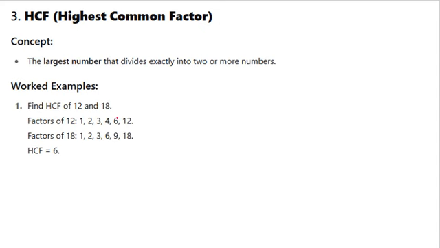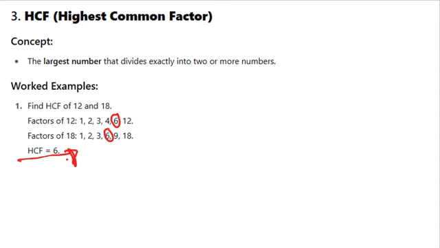You can see that in these factors we have 6 as the largest factor, which is dividing both numbers. So that's why we say the largest number that divides exactly into two numbers, and that is 6. So the highest common factor here is 6.